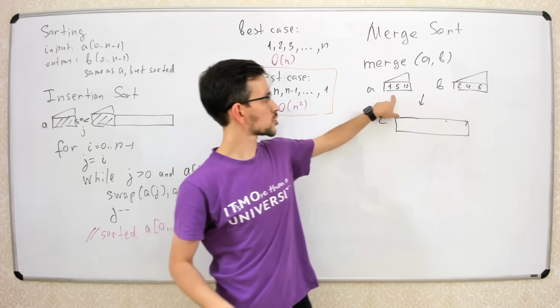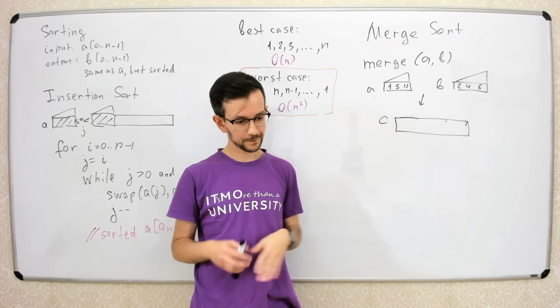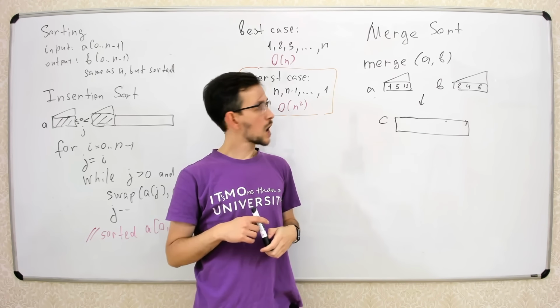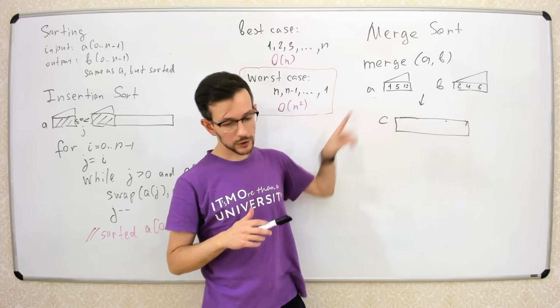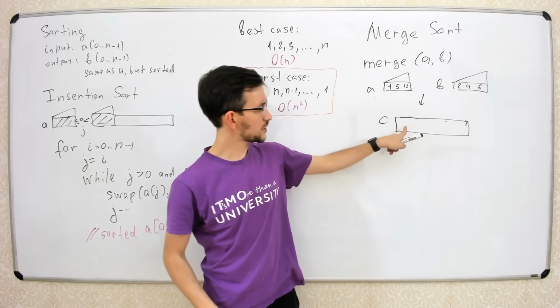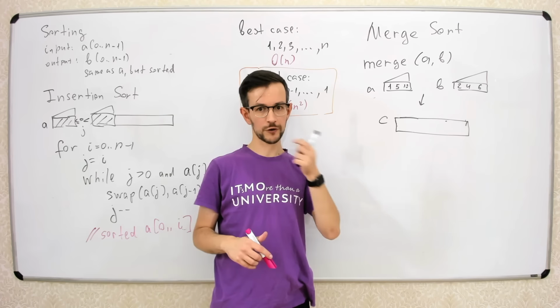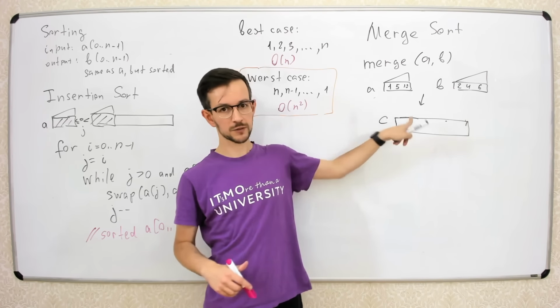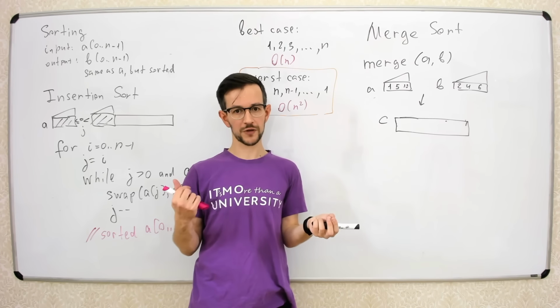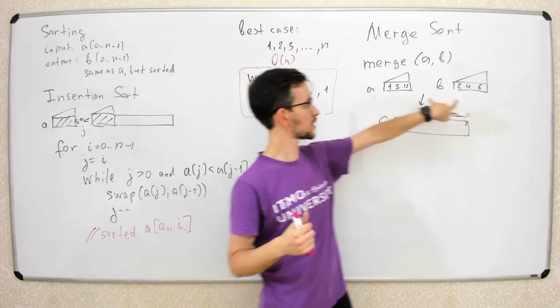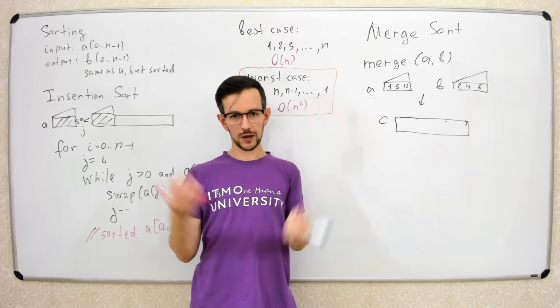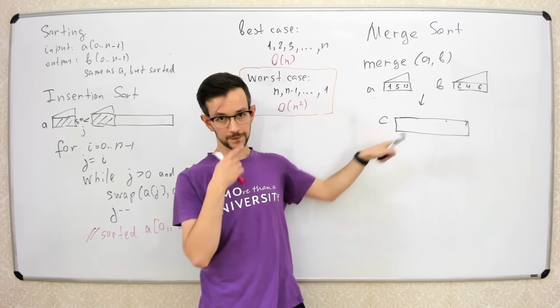Again, we want to merge these two arrays into one big array. What happens? Let's find the first element we need to put in this merged array. This leftmost element must be the minimum element of both arrays. We have some elements here, some elements here. You need to find the minimal element and put it in the first position.